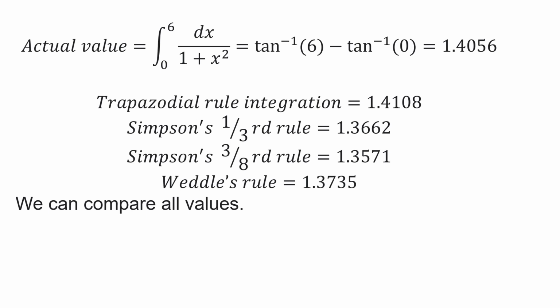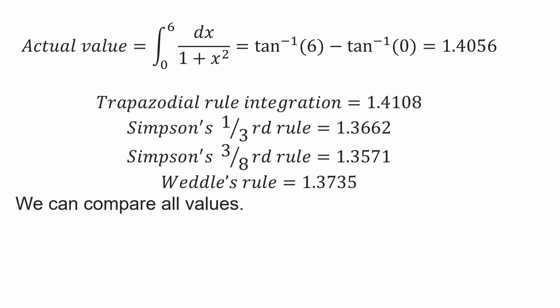You see, from the different methods, the trapezoidal rule value is 1.4108, Simpson 1 by 3 this value, Simpson 3 by 8 this value, Weddle's rule this value. You see, all five values are very near. But naturally, the actual value is nearest to the trapezoidal rule value.